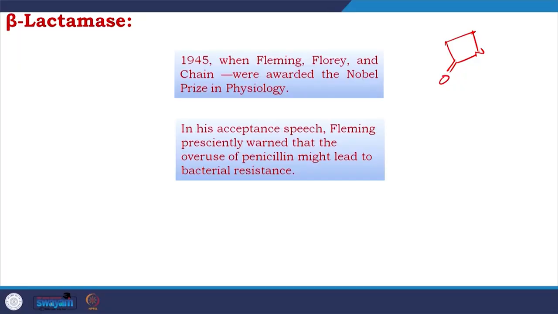Fleming did not do significant work in between, and why did he not perform? He actually talked about that in his Nobel Prize acceptance speech. In his acceptance speech, Fleming very clearly warned that the overuse of penicillin might lead to bacterial resistance. The first time the world heard about bacterial resistance.